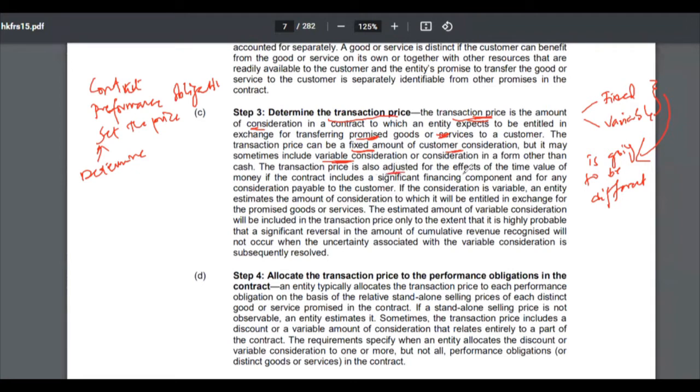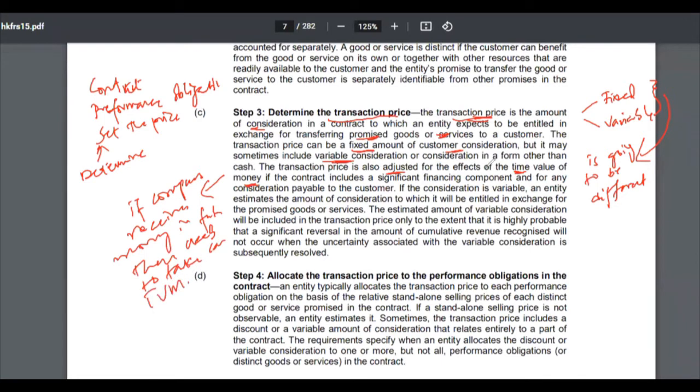The transaction price is also adjusted for the effects of the time value of money, right? So if it's a variable or a fixed consideration, and at some point in the future the company receives money, then the company needs to take care of TVM, the time value of money, which includes a significant financing component and any consideration payable to the customer, right?